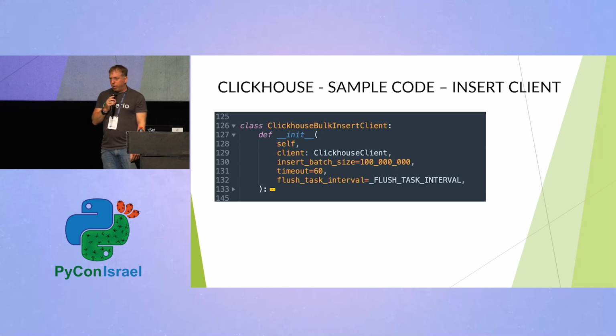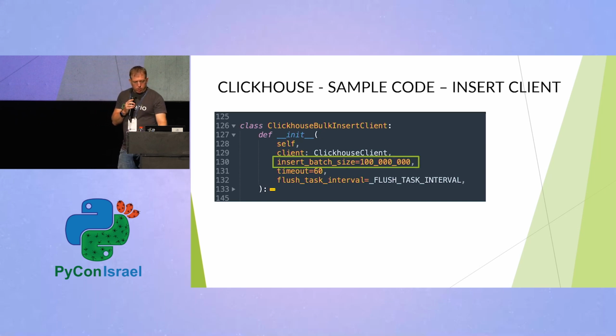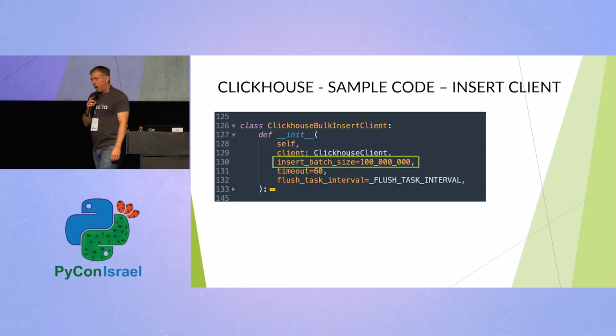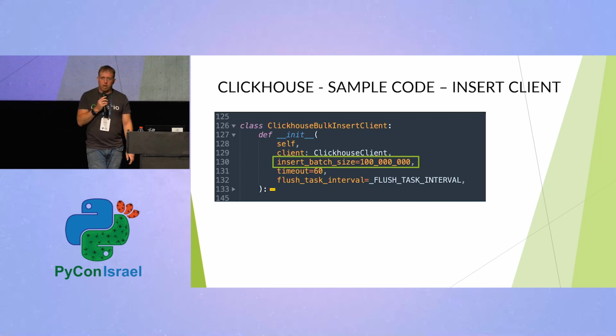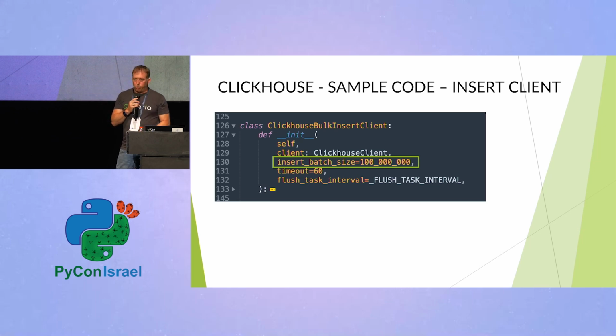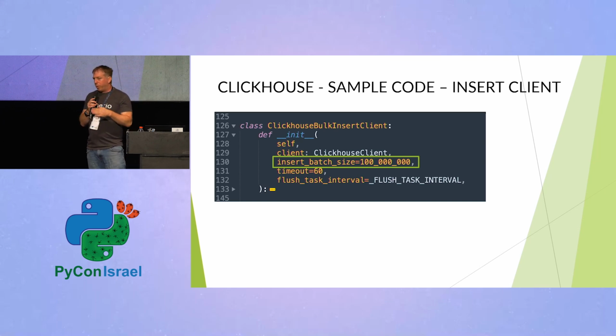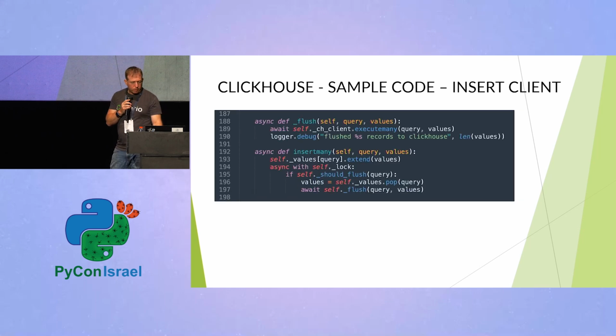Again, we used a bulk insert client. You can notice here that the batch sizes are much larger, because ClickHouse supports much larger partitions. This is one of the things you need to tweak when you move between different databases. You need to understand the trade-offs between larger partitions, larger insert rates, and the performance the database will deliver.